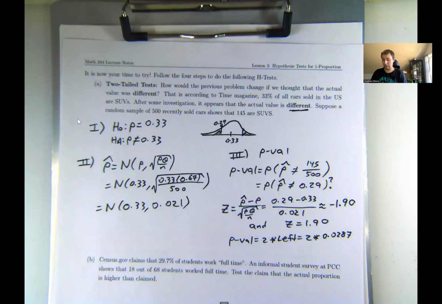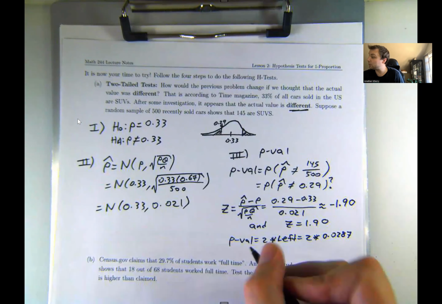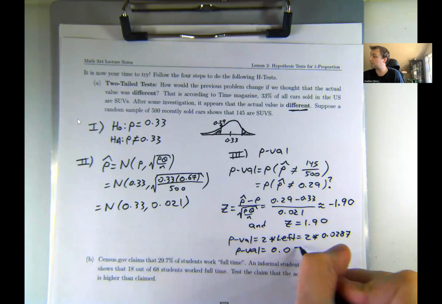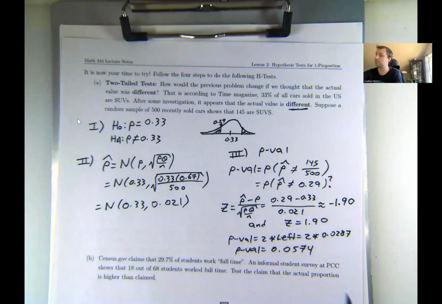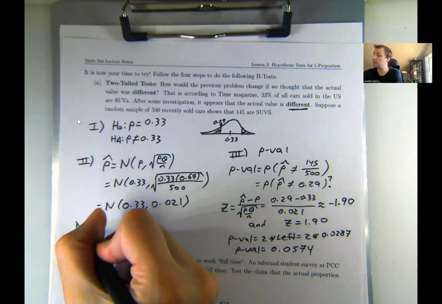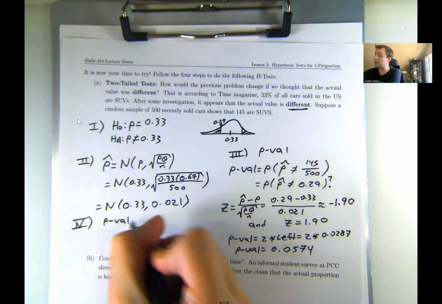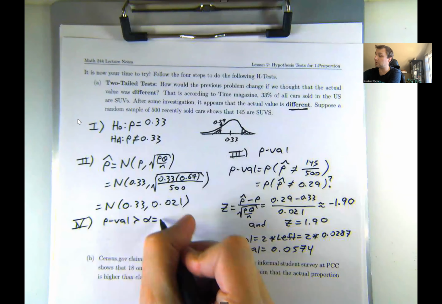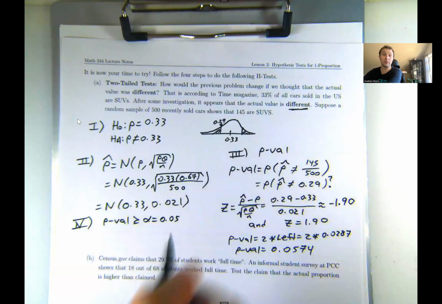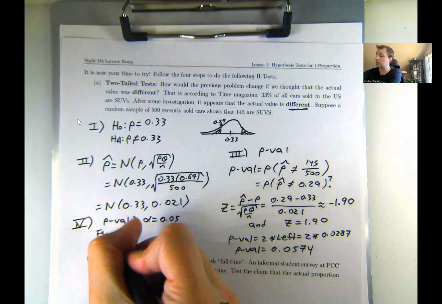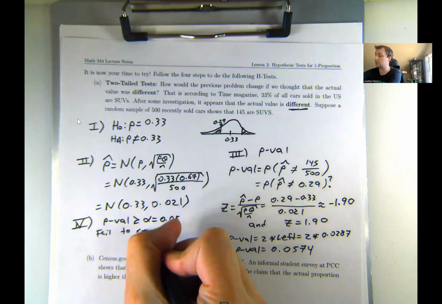When I multiply that by 2, I get a p-value of 0.0574. If I'm using an alpha level of 5%, this p-value is bigger than 5%. Bigger or equal. And whenever it's bigger or equal, that means you're going to fail to reject the null hypothesis.